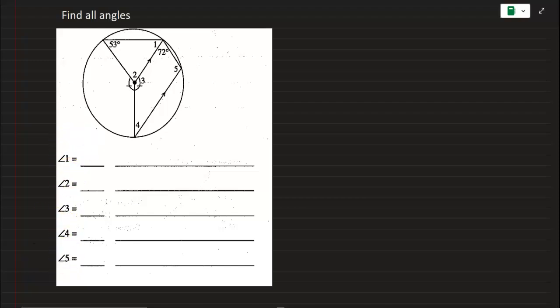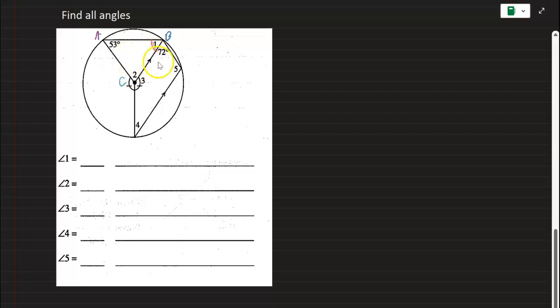Let's look at angle 1. Angle 1 is part of this triangle. Let's call this triangle A, B, and C. ABC is an isosceles triangle because from the center to B and from the center to A, those two lengths are the same.